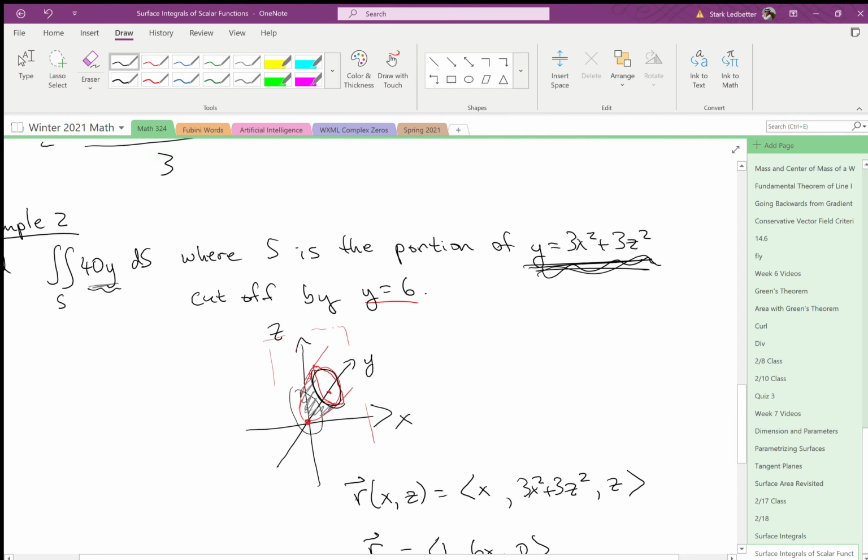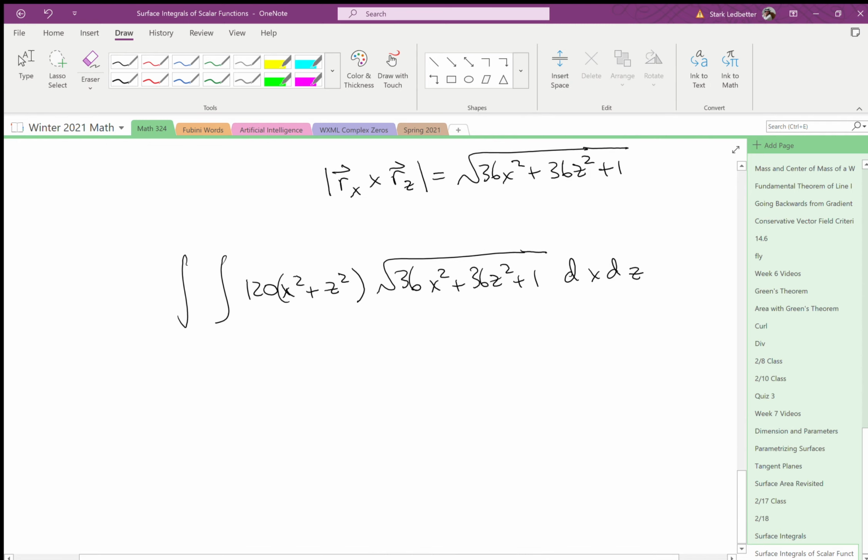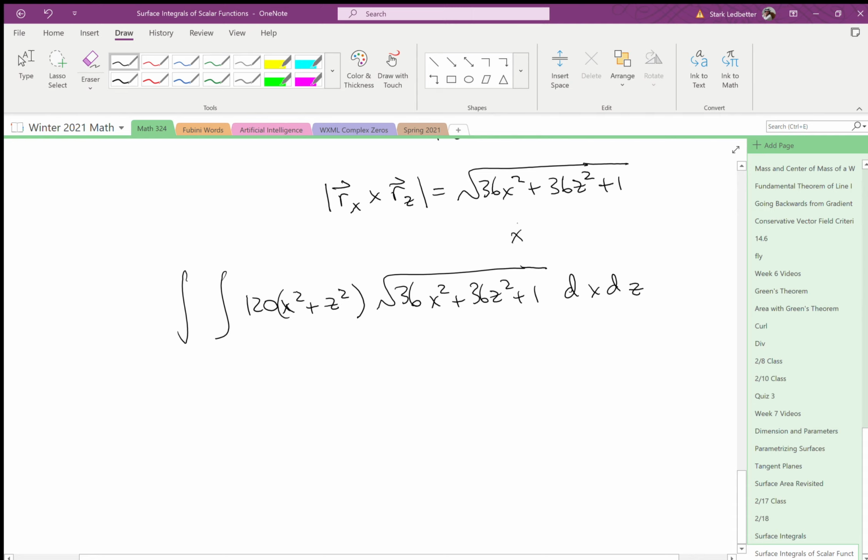Well, y is 3 times x squared plus z squared. So that means x squared plus z squared actually equals 2 when y equals 6. Okay, so it's a circle of radius root 2. Alright, x squared plus z squared equals 2, and then everything inside it, so less than or equal to 2, is the region.